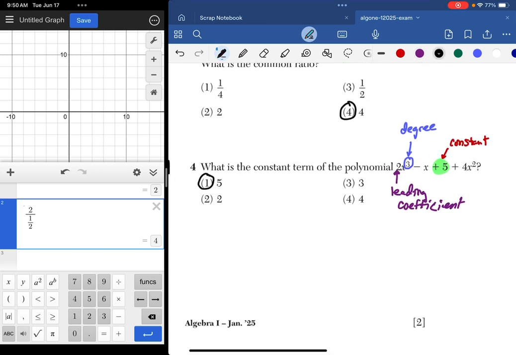So let's say, for example, I had 2 minus x squared plus 1/3 x cubed. All right, this is my constant. Constant would be a positive 2. If there were a negative sign in front of it, it would be a negative 2. All right, this is my degree.